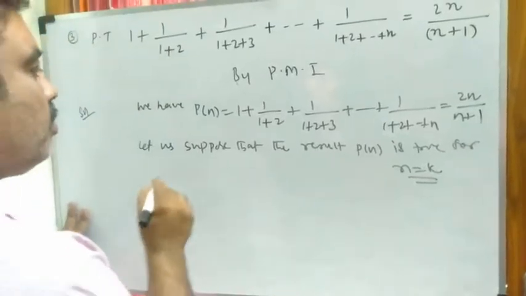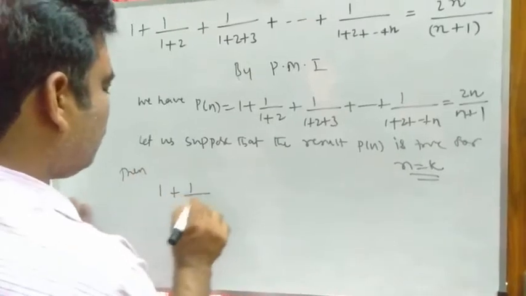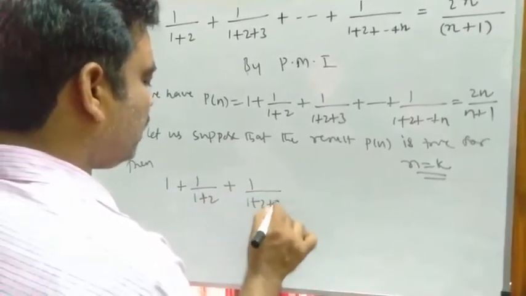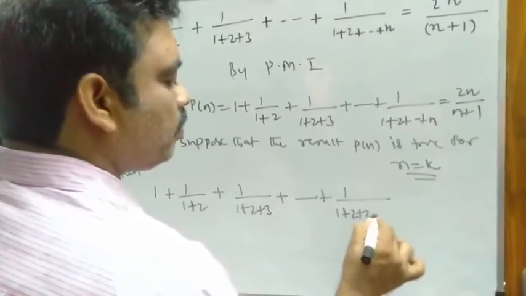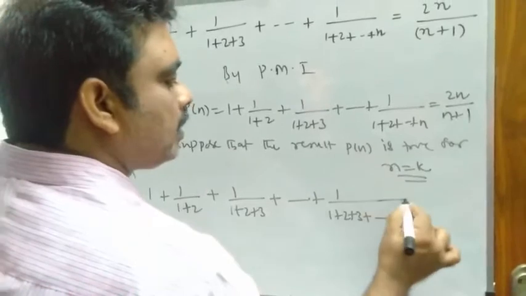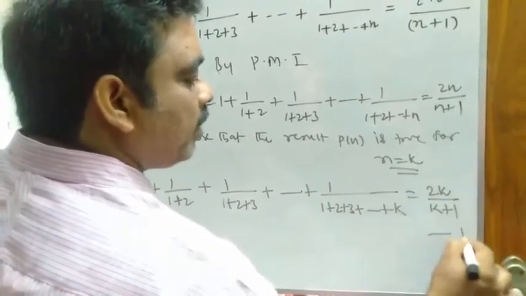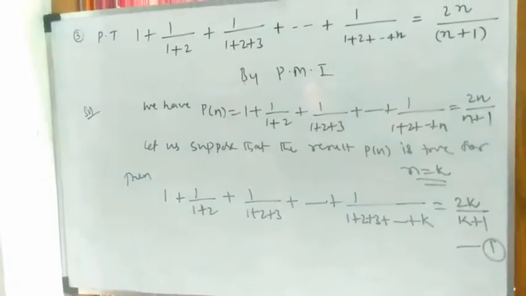So for n is equal to k, if it is true, then 1 plus 1 by 1 plus 2 plus 1 by 1 plus 2 plus 3 plus so on plus 1 by 1 plus 2 plus 3 so on plus k is equal to 2k by k plus 1. Call this equation number 1.